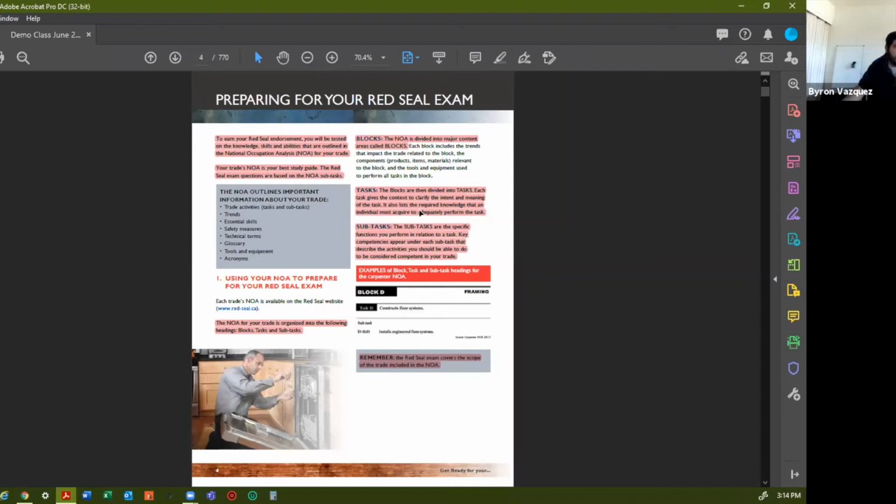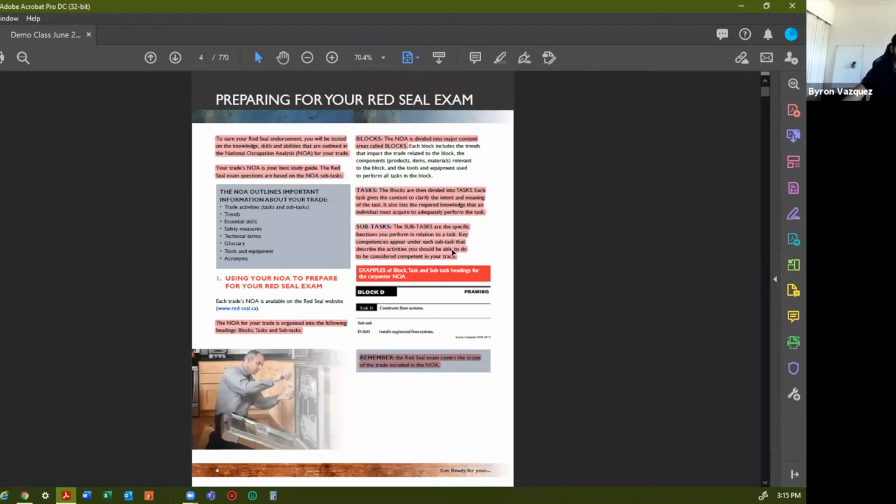It also lists the required knowledge that an individual must acquire to adequately perform the task. The subtasks are the specific functions you perform in relation to a task. Key competencies appear under each subtask that describe the activities you should be able to do to be considered competent in your trade. So this is where we're going to spend most of our time.